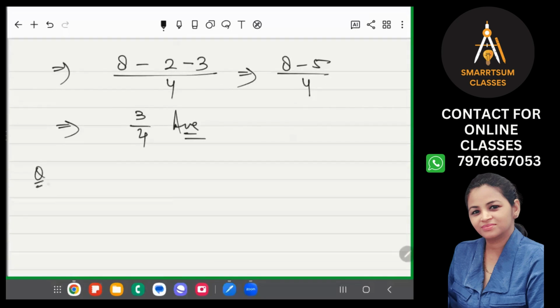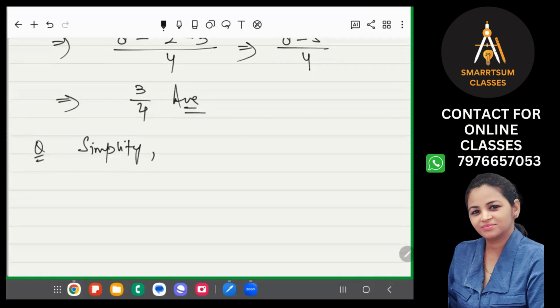Similarly, when you are subtracting. Subtract minus 3 by 4 from minus 5 by minus 8.